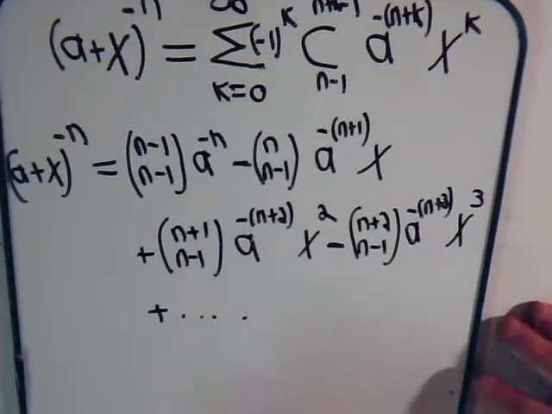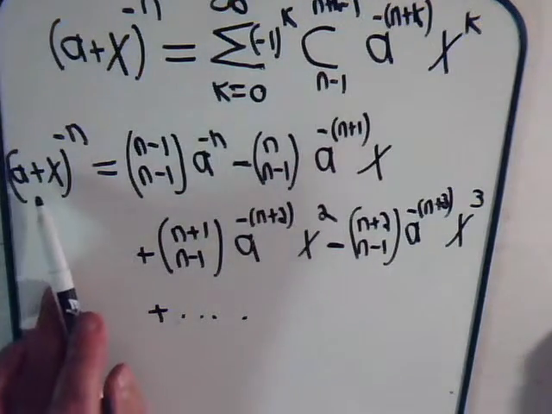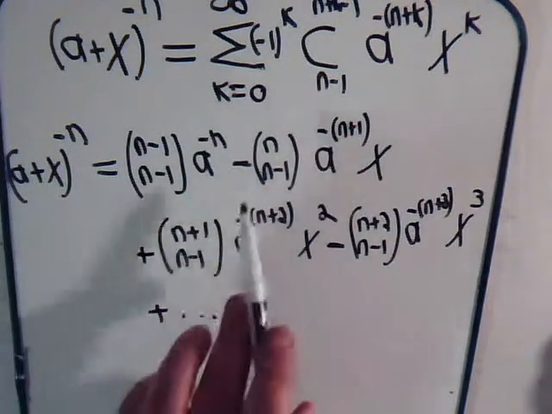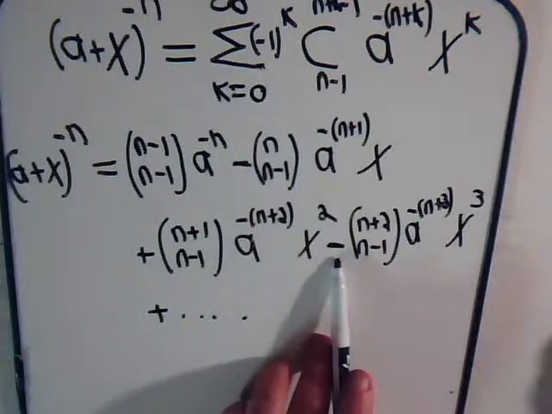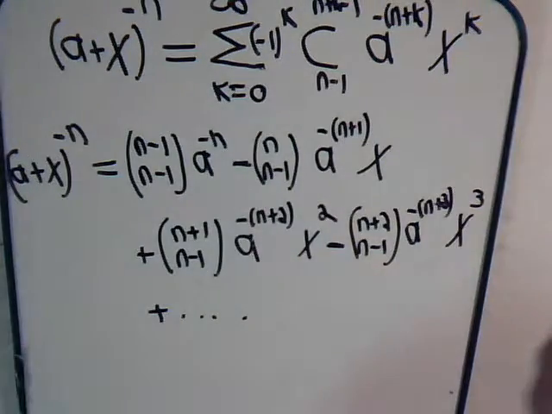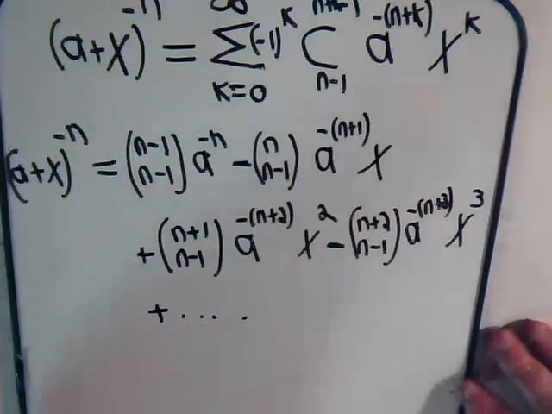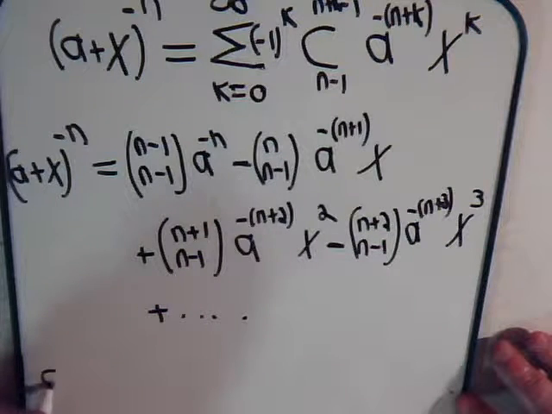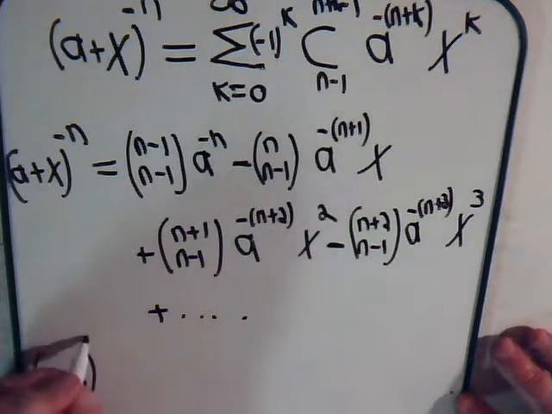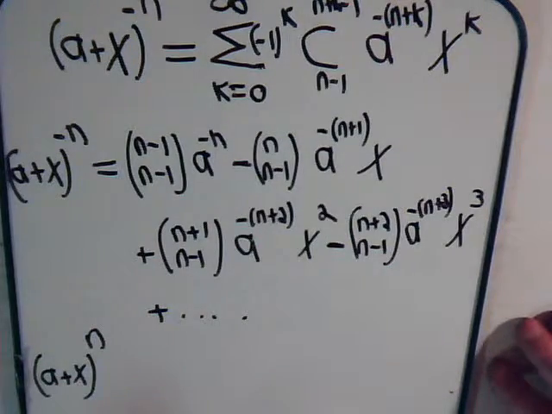And just two other remarks. If this is a minus sign in here, all of these terms are now positive. We don't have alternating plus and minus. All the terms are positive. And let's just take a second here and compare and contrast this for when we have a plus x to a positive exponent.